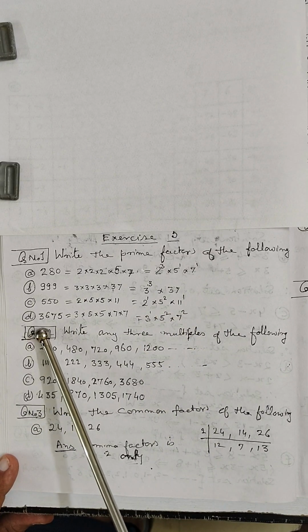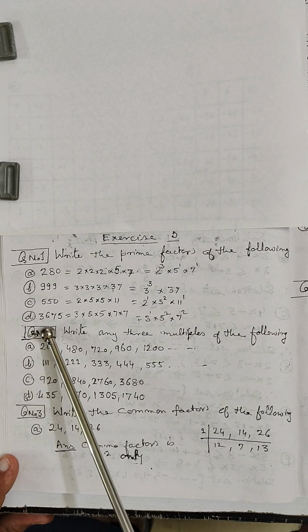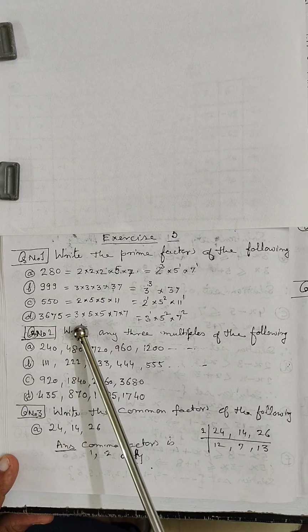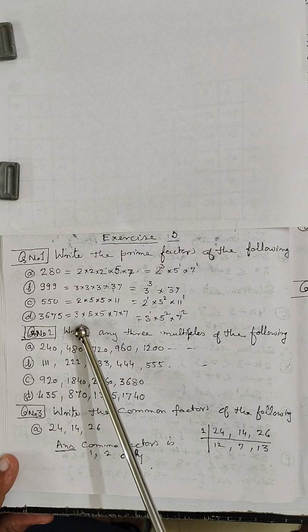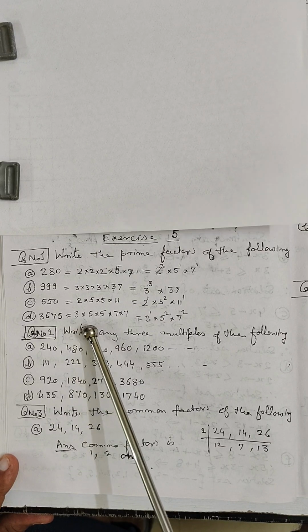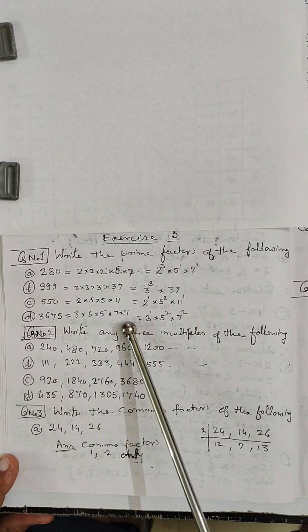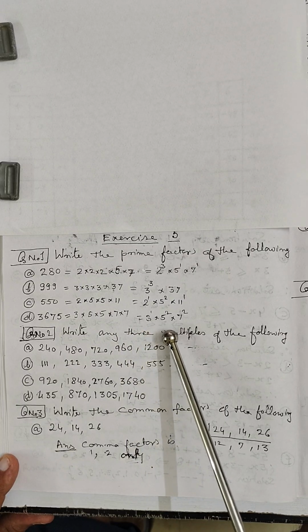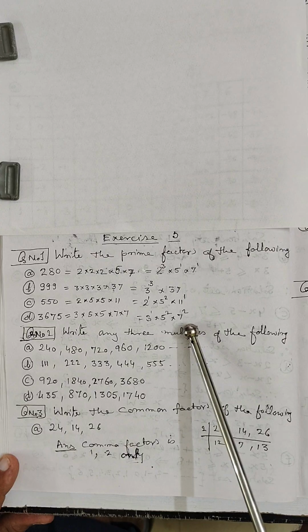D part, that is 3675. It can be factorized as prime factors 3 into 5 into 5 into 7 into 7. That is 3 raised to power 1 into 5 raised to power 2 into 7 raised to power 2.